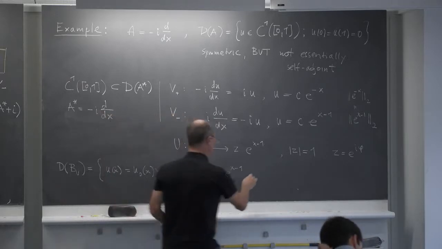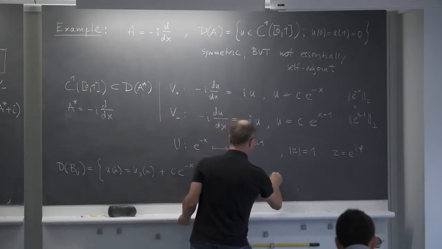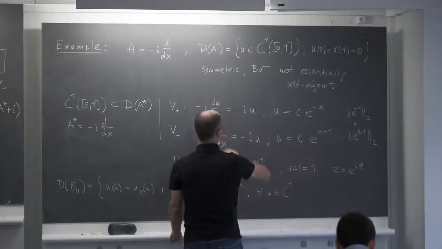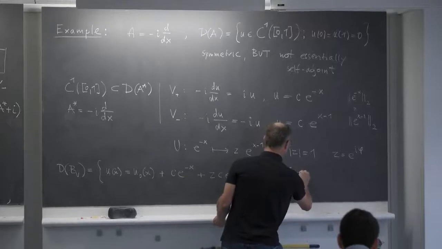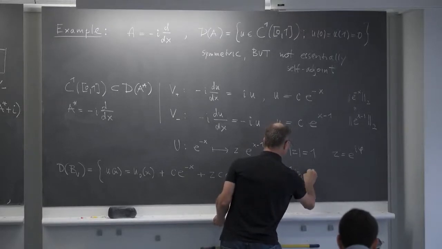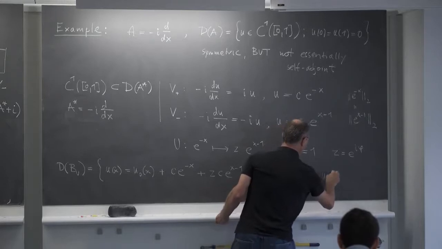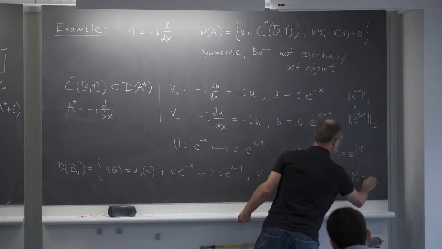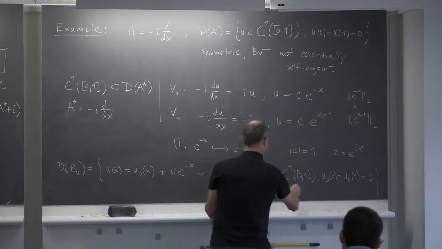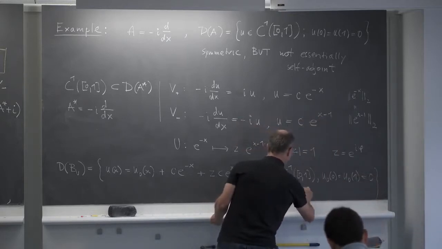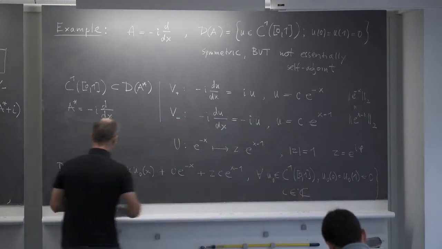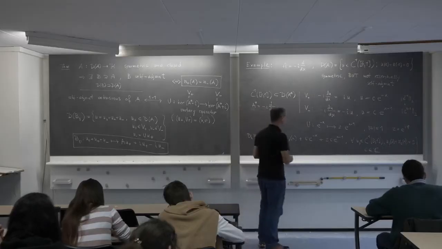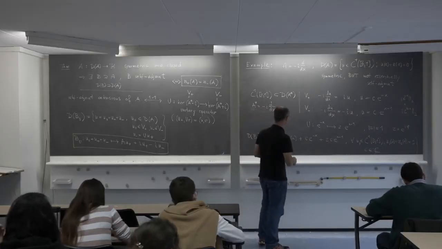And this is for all u naught now in C1 of 0, 1 with u naught of 0 equal to u naught of 1 equal to 0. And c is an arbitrary complex number, right? So that's how it looks.